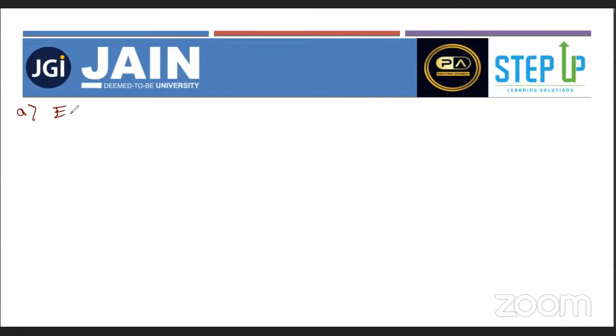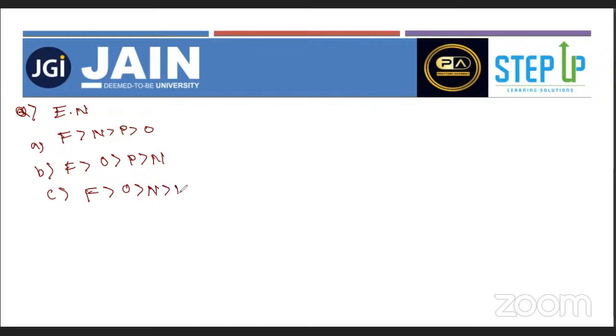Option A is F greater than N greater than P greater than O. Option B is F greater than O greater than P greater than N. Option C is F greater than O greater than N greater than P.